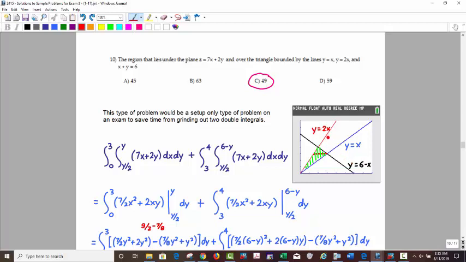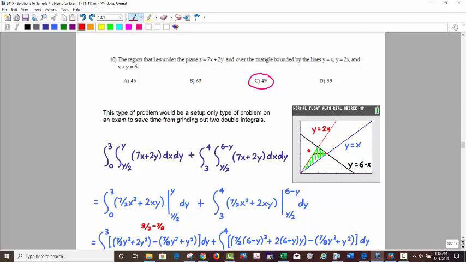I'll just solve it for x and I'll get y. So you set 2x equals 6 minus x, which gives x equals 2, and then I can put 2 in for x into either one of those y equals, and I'll get 4 for that value. So it goes from 3 to 4.